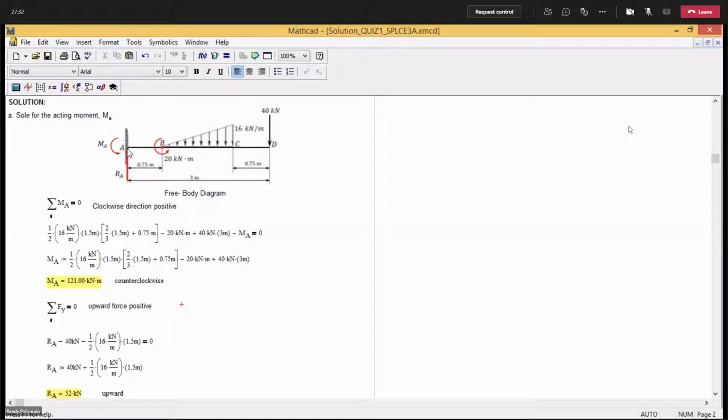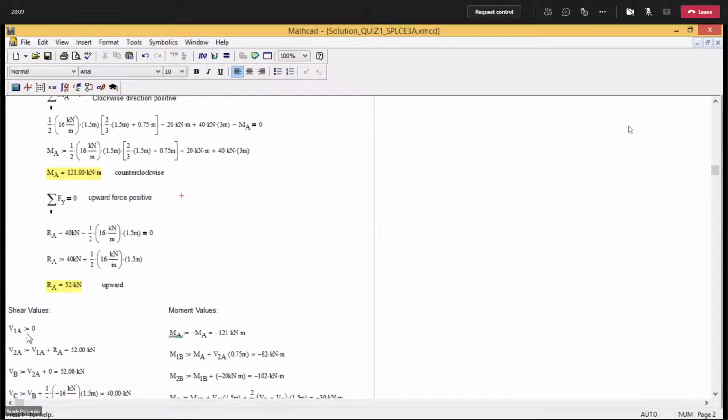It's just a designation wherein you have to have an initial shear, wherein you don't consider first the concentrated load. At point A, there's a concentrated load which is RA. So you consider first the loadings in the beam, without considering the concentrated load. At point A, there are no loads in the beam, so therefore your shear will be equal to 0.